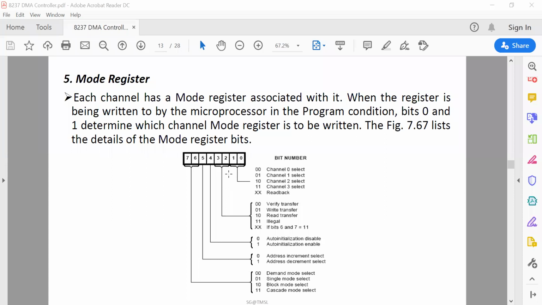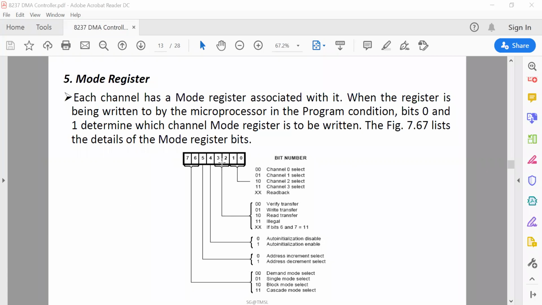Bits 2 and 3 indicate the type of DMA transfer. There are 3 types of DMA transfer: memory read, memory write, and verify transfer.